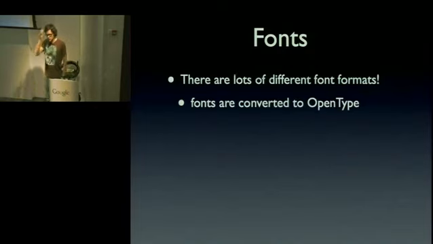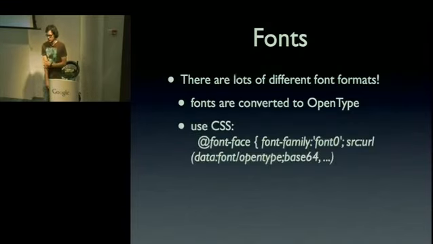The way we do it is we take the embedded PDF fonts and convert them into OpenType fonts. Then we use CSS to attach them to the DOM, and once it's loaded, we start rendering. Because if you say you want to use a font and it's not loaded yet, you might end up with white space.